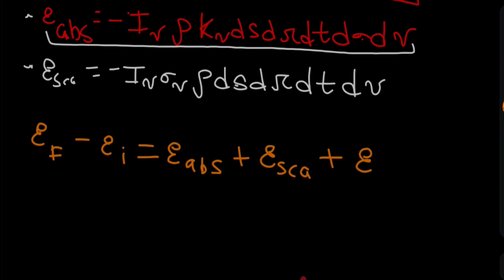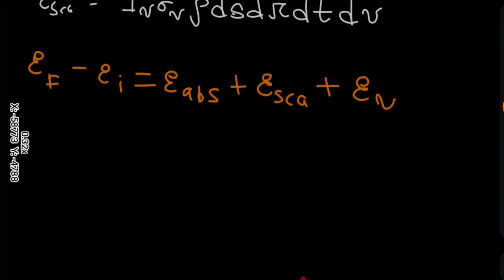Let's say it's represented as E mu, the energy emitted. So this is the equation, and by plugging in all of these equations, because it is quite lengthy, you have to do it on your own: plug in the energy of absorption, scattering, emission, the final energy and the initial energy. What you are left with is what I'm going to write out.